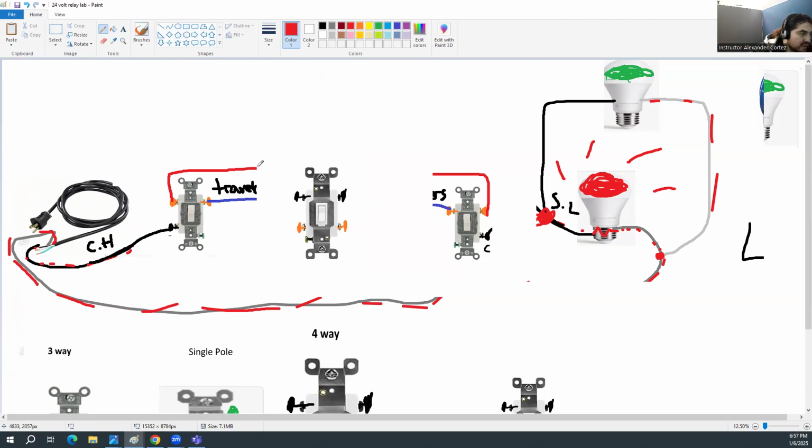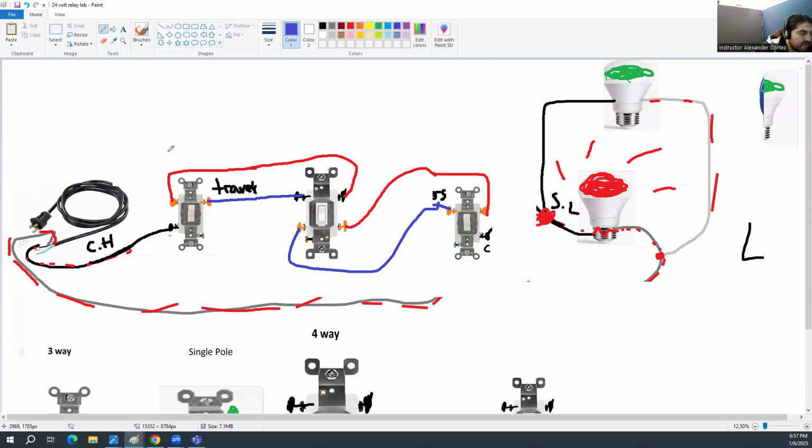So with these travelers, we're going to go on only tops and bottoms. We won't go to the sides. So what I mean is this red goes here, this blue goes there, this goes right there, and this blue goes right there, right?